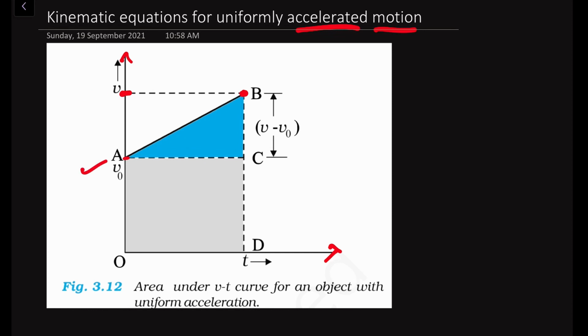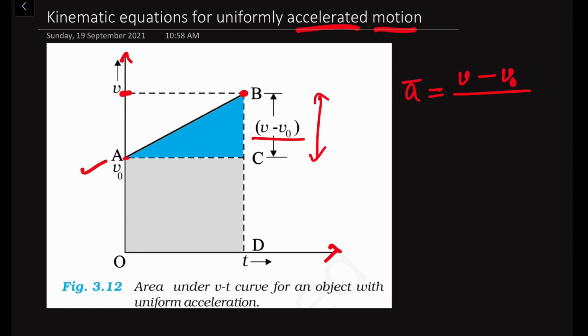From C to point B, this much is v minus v0. Final velocity minus the initial velocity is the change in velocity, and if we divide it by the change in time then we have the acceleration. We have already seen that acceleration is the change in velocity with respect to the time interval. So the final velocity is small v and the initial velocity is small v0, divided by the time interval.